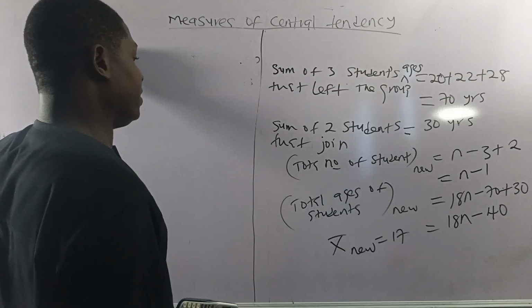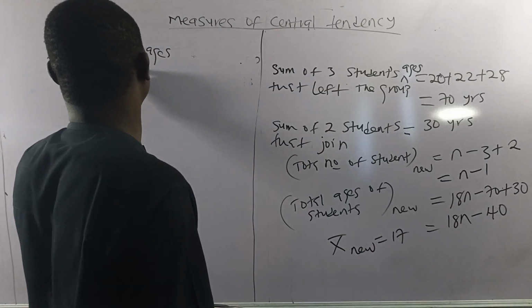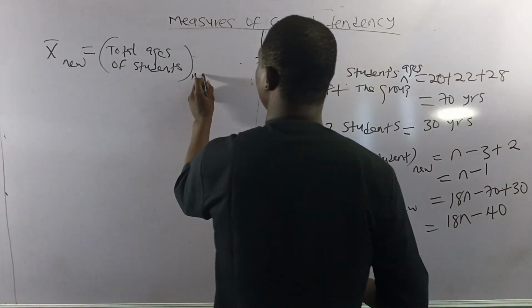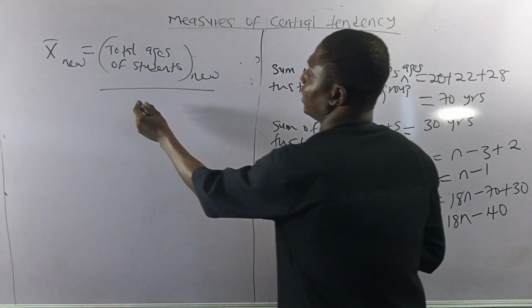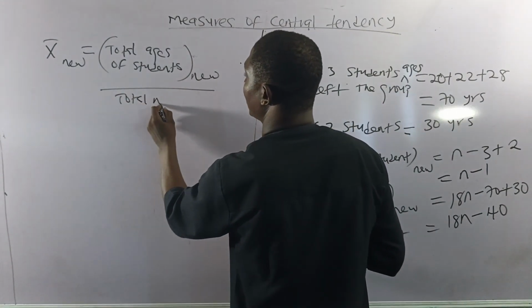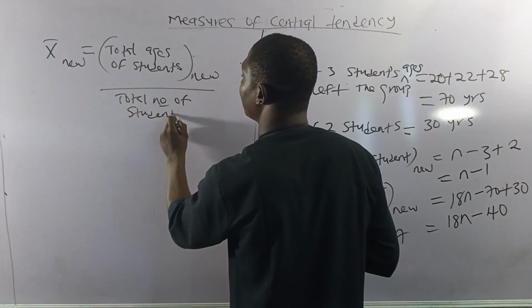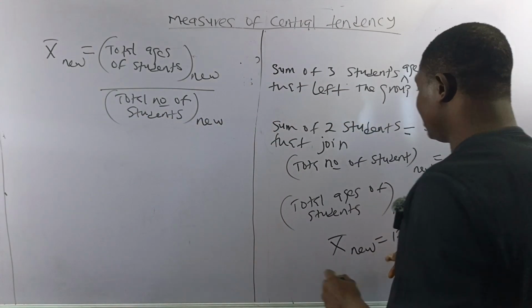Total ages of students subscript new divided by total number of students subscript new.